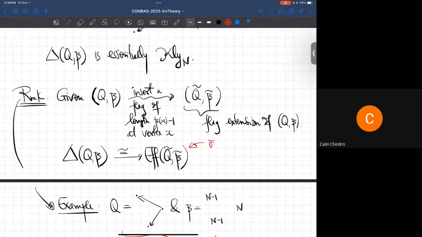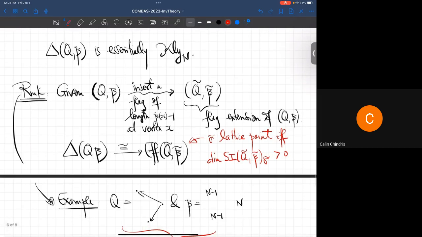And this is a lattice point of the cone of effective weights if and only if the dimension of the corresponding weight space of semi-invariants is positive. So these cones of effective weights show up in GIT and the variation of GIT quotients, but they also have very beautiful combinatorics. And so to test whether something lies in a moment cone really comes down to checking whether a weight space of semi-invariants is positive.